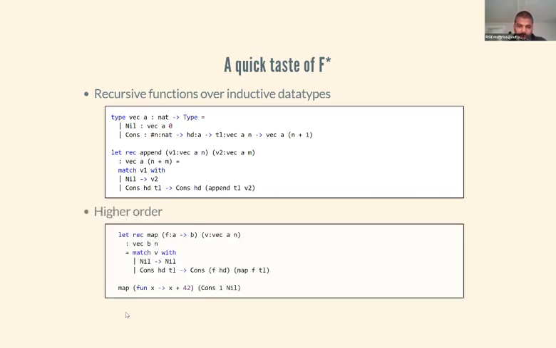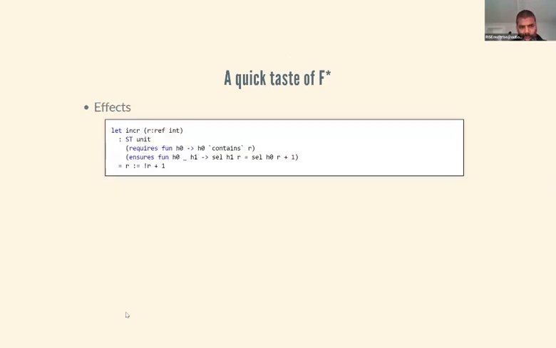F* is inherently higher order, like other functional languages in this tradition. So things like maps and folds over these inductive types are quite natural to write. The distinctive thing, though, in comparison to other systems like Coq, is that F* has effects that are user extensible and definable within F*'s type theory.